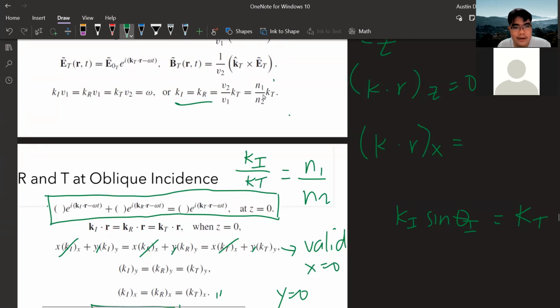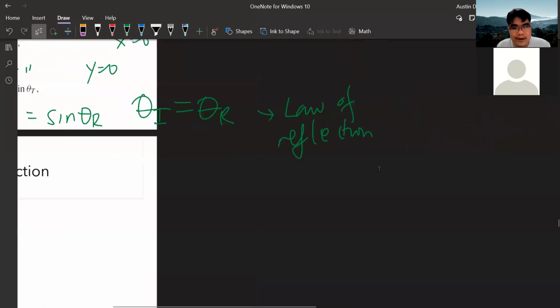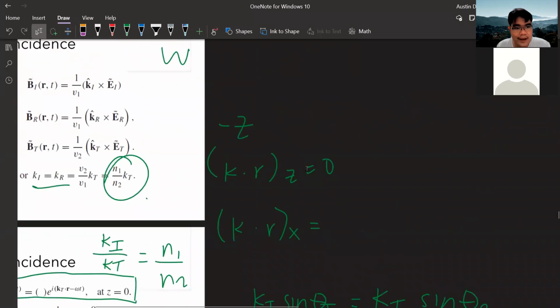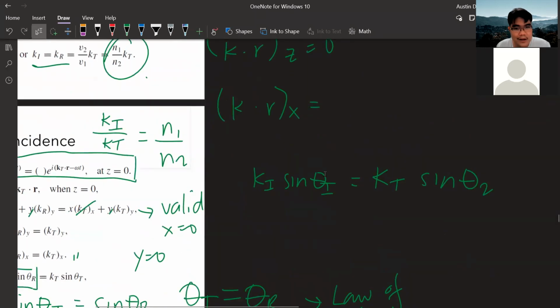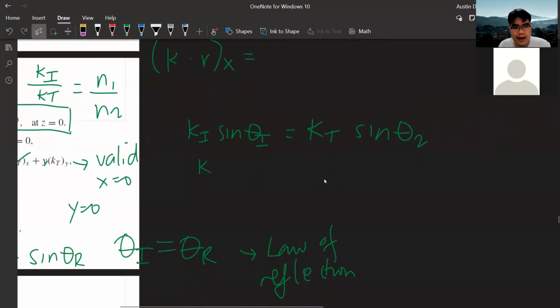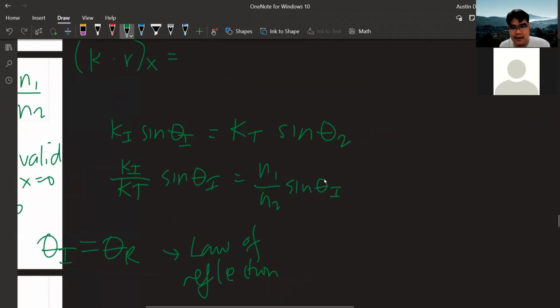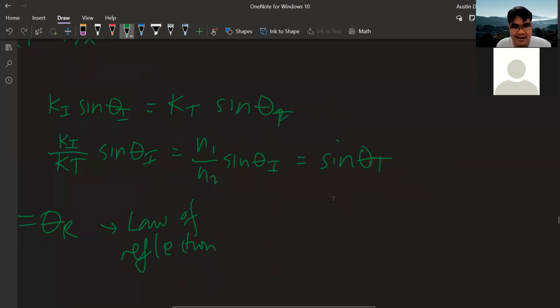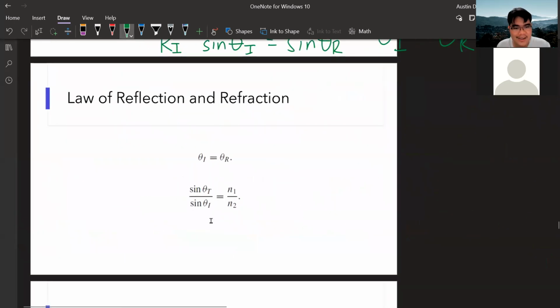Therefore, ki over kt is just n1 over n2. So n1 sine theta I must be equal to n2 sine theta t. I got carried away a bit there. What is this? This is your Snell's law.